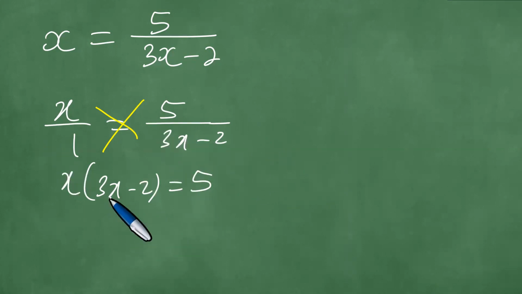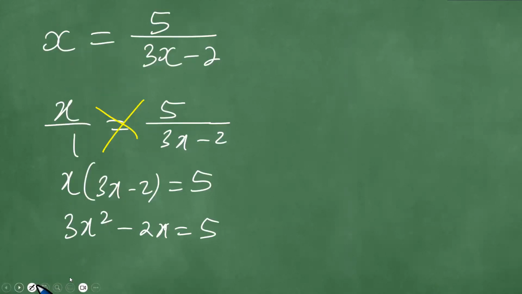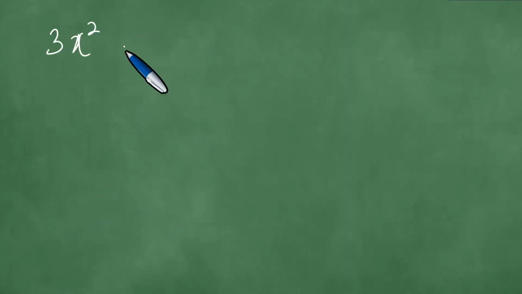Right, we distribute here. So x into this is going to be 3x squared. x times minus 2 is minus 2x equals 5. We have got 3x squared minus 2x equals 5.